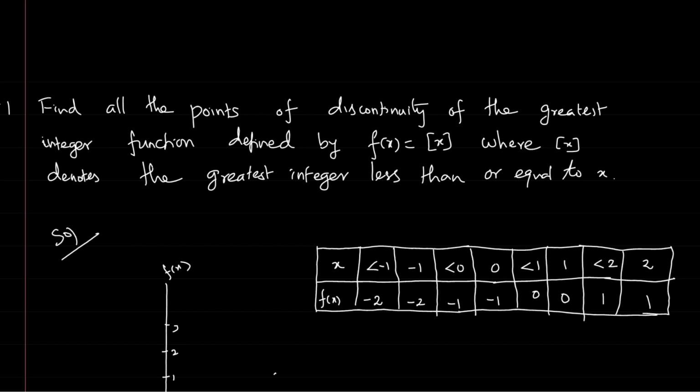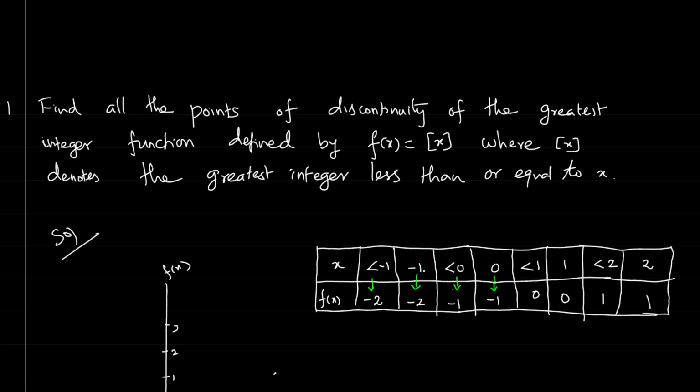The meaning is, if you are taking minus 1, the greatest integer less than or equal to minus 1 is minus 1, and if you take a value less than minus 1, the greatest integer is minus 2. If you take 0, the value is 0, and if you take any value less than 0, it is minus 1.